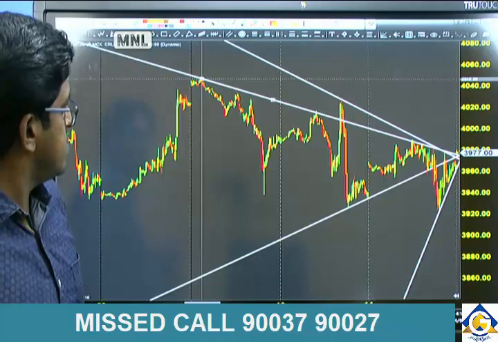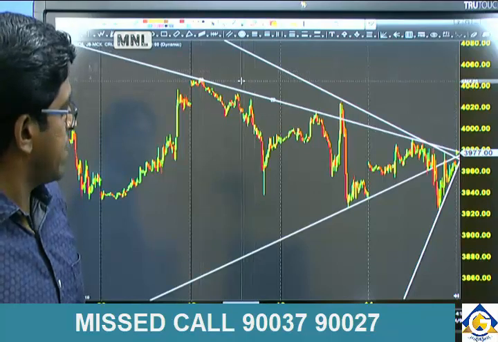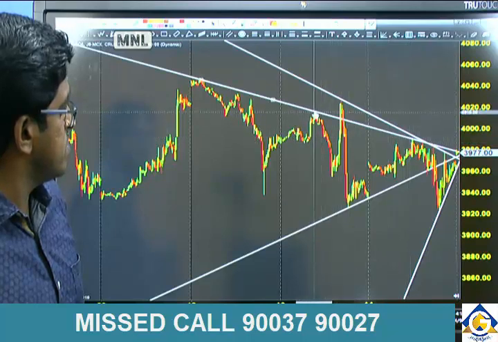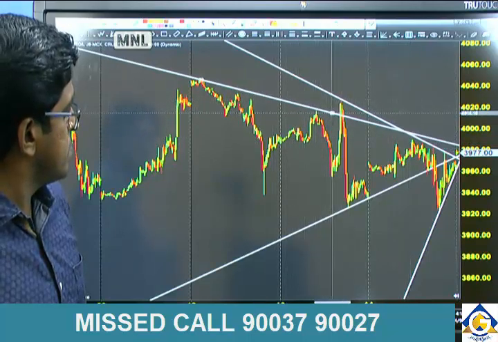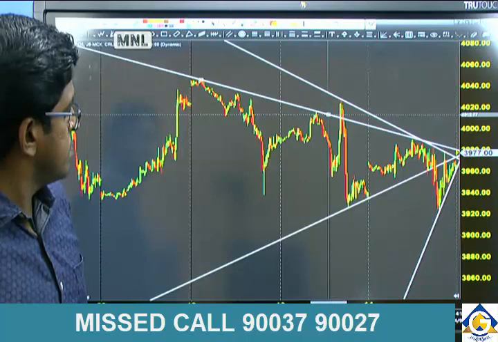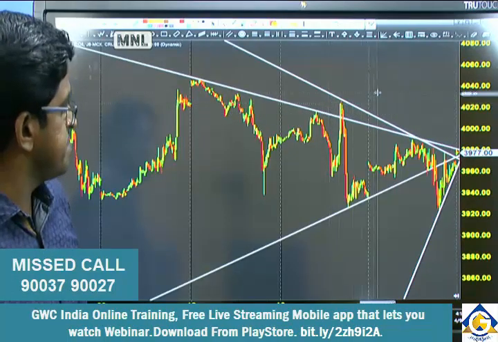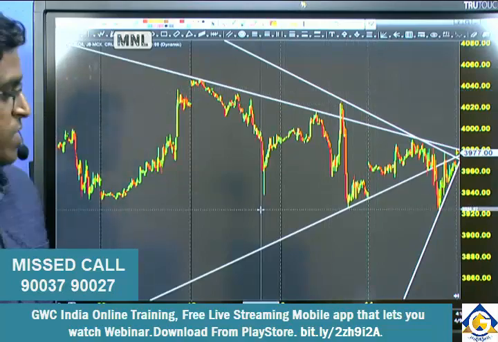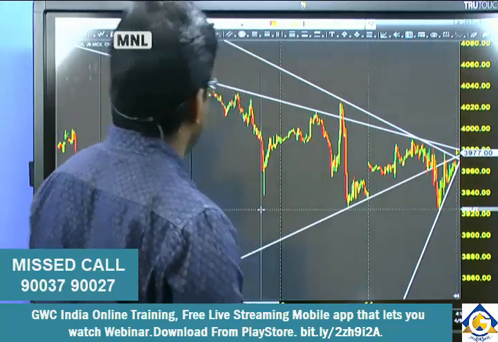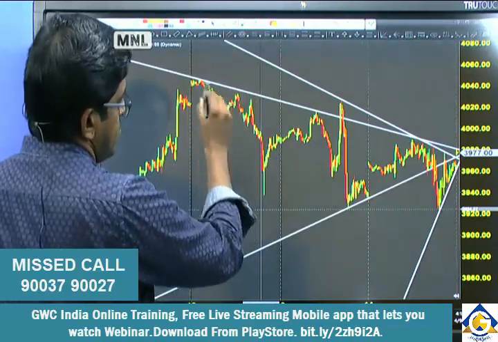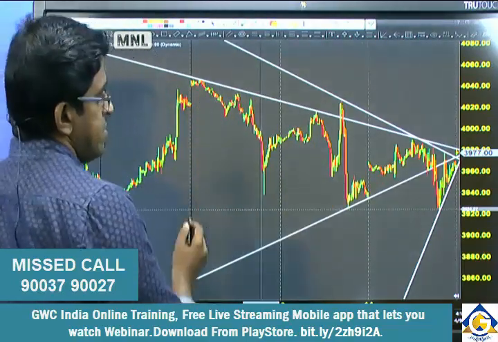I'm just trying to make minute adjustments, and I'm going to project this. Okay, of course it's fine, because you see here the price followed a downtrend based on this trend line.